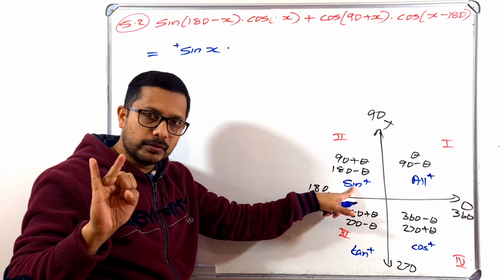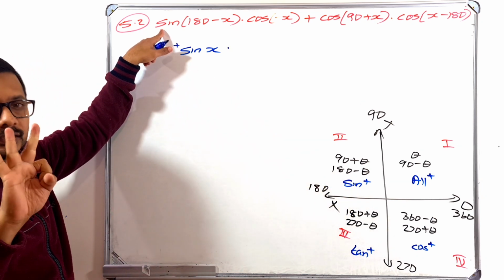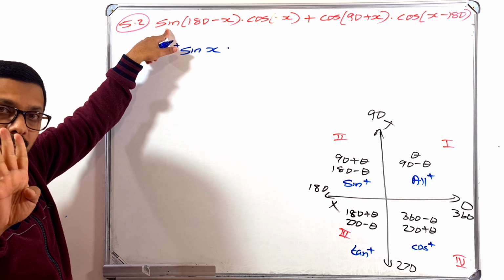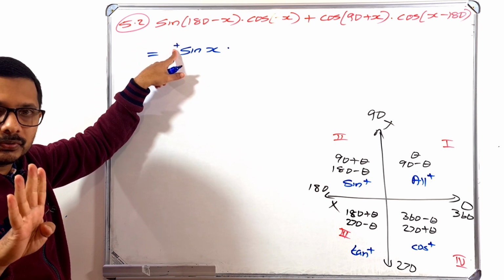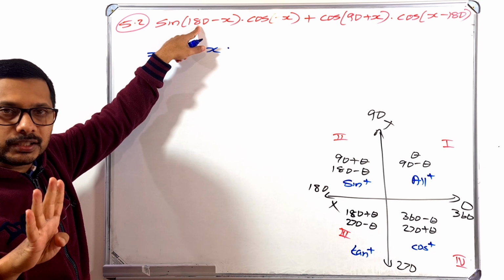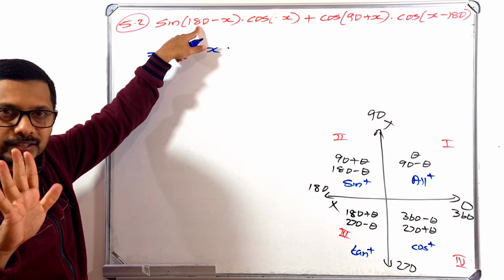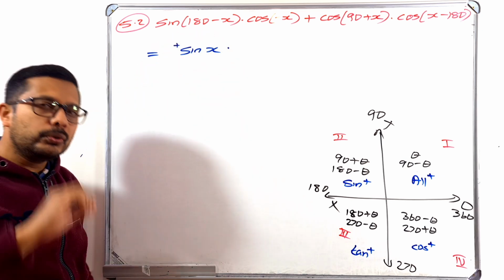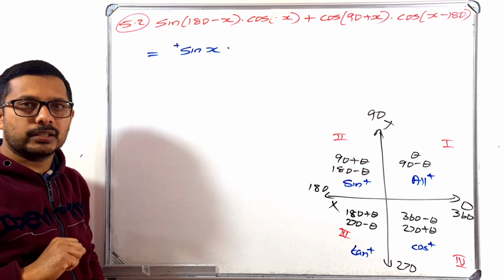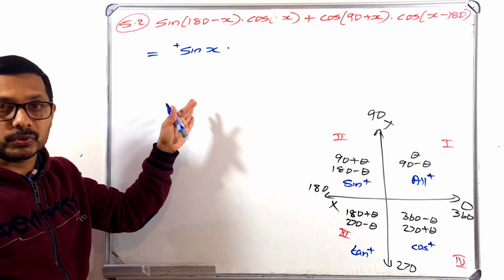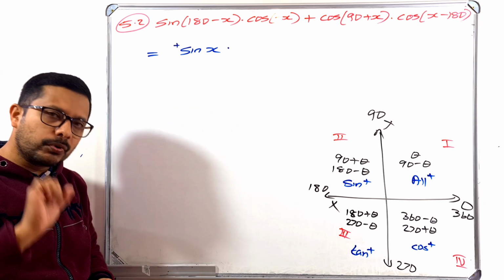Sine is positive. That is my third question: here we have sine, so it is positive. Then if it is based on 180, no change. So you have to ask yourself like that, then you won't make a mistake. This type of question is very easy, but just follow that method.